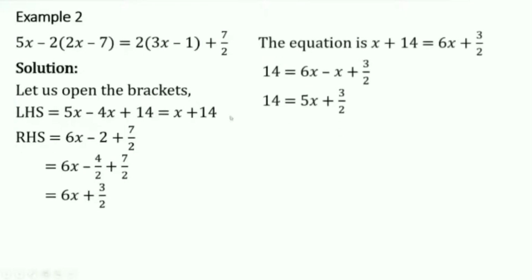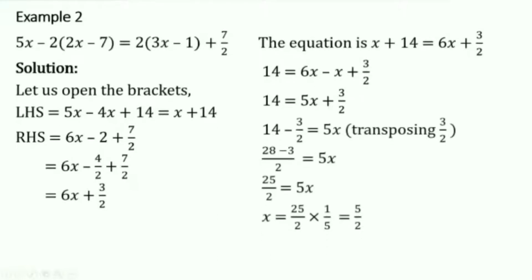So now our equation is, left hand side, x plus 14 is equal to 6x plus 3 upon 2. Now transposing this x on the right hand side, we'll have 14 is equal to 6x minus x plus 3 upon 2. So it will be 14 is equal to 5x plus 3 upon 2.